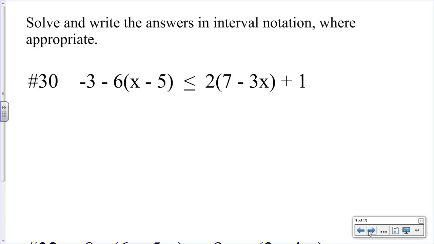This says write the answers in interval notation where appropriate. We're not doing set notation here. I have to simplify each side, so I have to distribute and combine like terms.